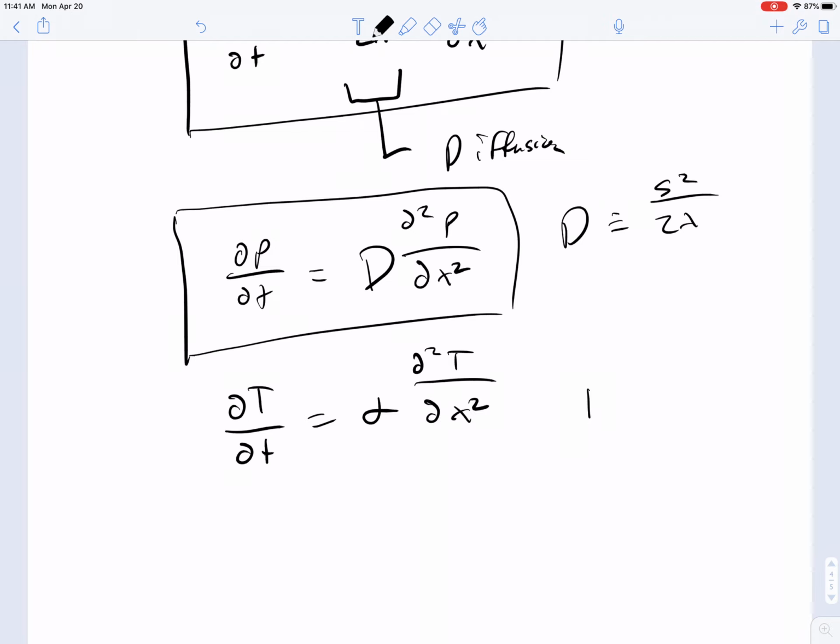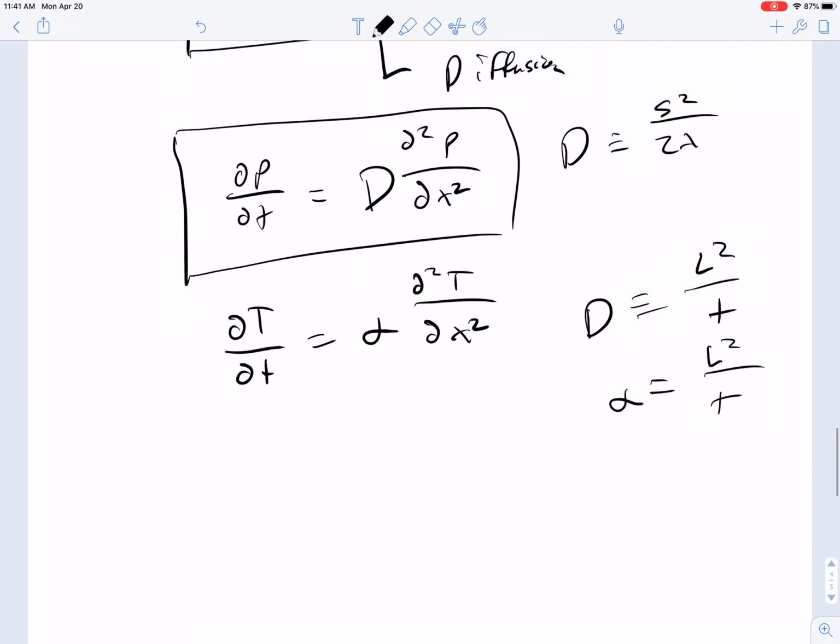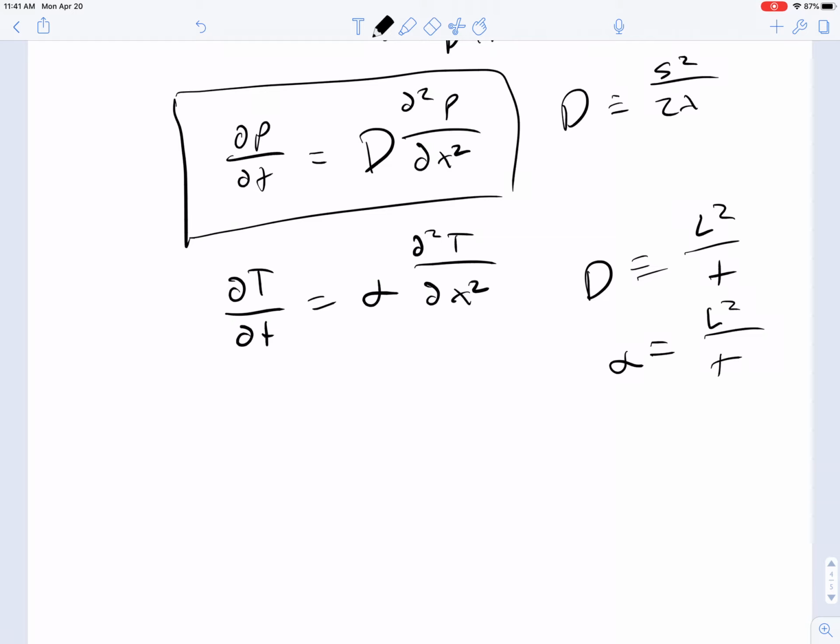So D has units of length squared over time, as does thermal diffusivity. So the mathematics behind solving these is exactly the same. And the process that we looked at for how heat flows by conduction is completely analogous to the process for particle movement, and both of them are driven by differential Gibbs free energy.